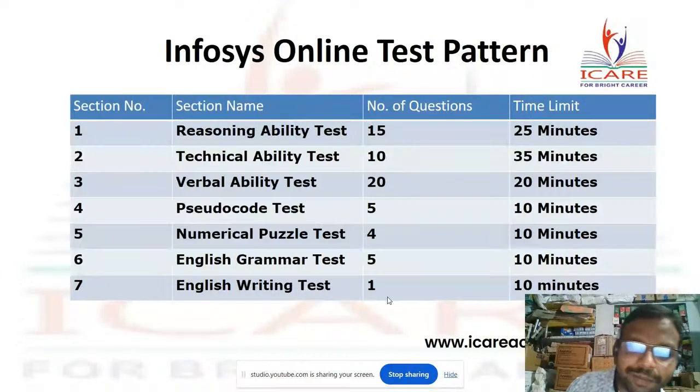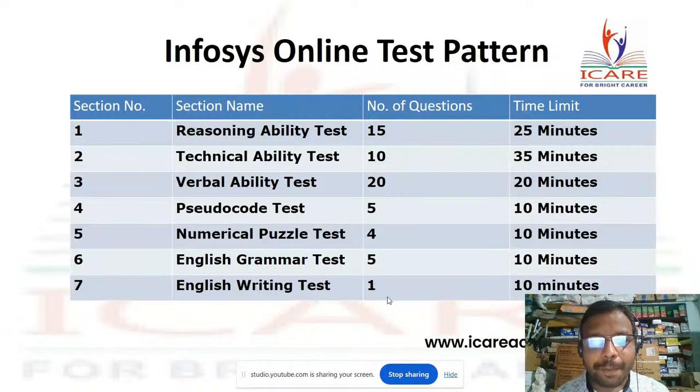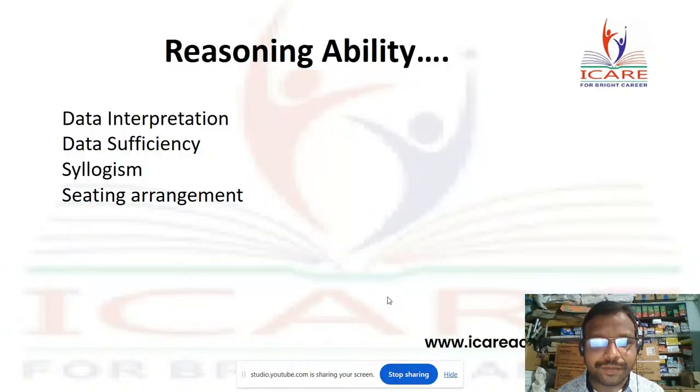So in the reasoning ability, mainly you can focus on data interpretation. That may be bar graph related or pie chart related questions, line graph, tabular data. These questions may definitely be asked in Infosys.